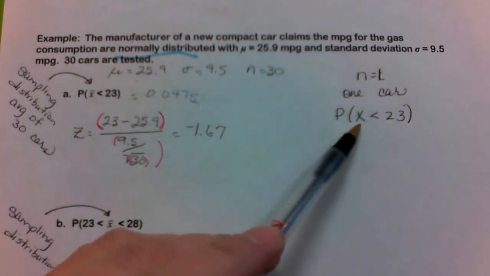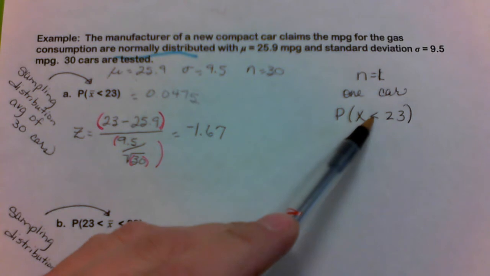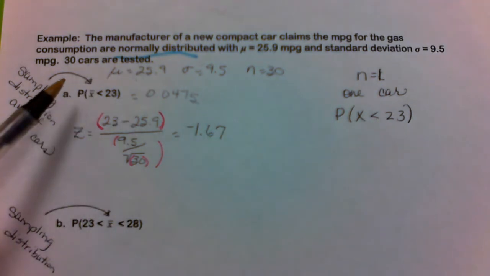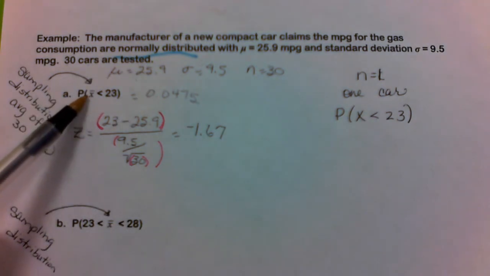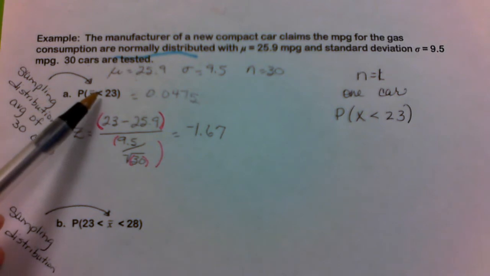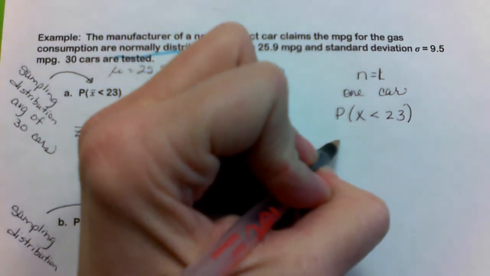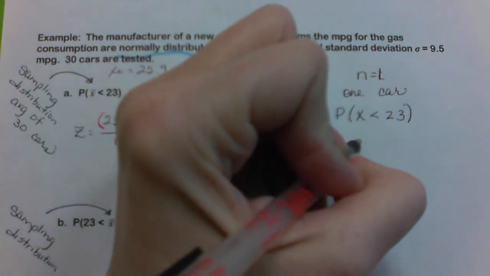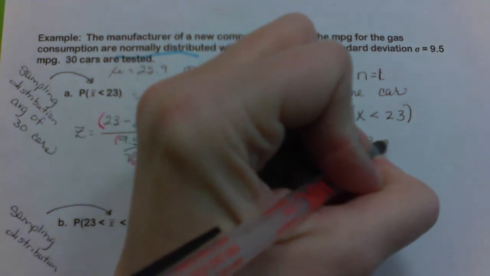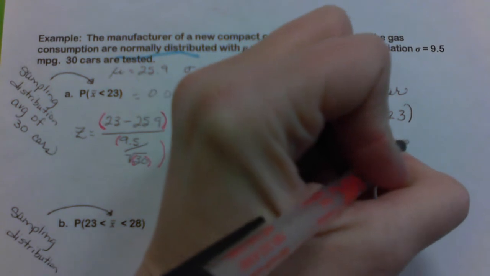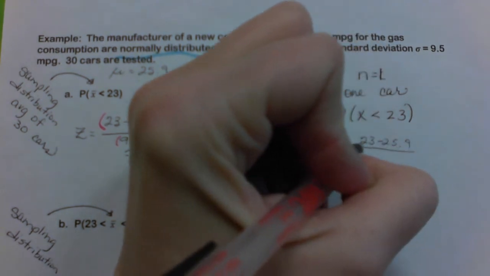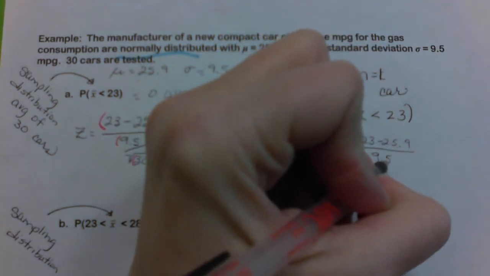Now, how would this differ if you were talking about one car? Here we're talking about the average of one car has less than 23 miles per gallon. Here we're talking about the average of 30 cars having less than 23 miles per gallon. Well, the difference is over here, your Z would be calculated by 23 minus 25.9 divided by just 9.5.